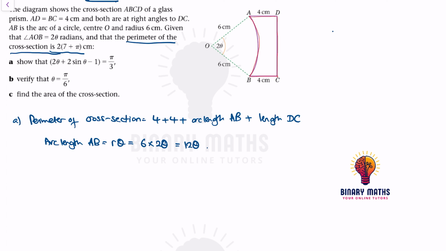Now if I want to work out the length of DC, the length of DC is the same thing as the length of AB.